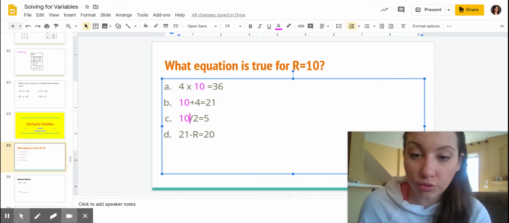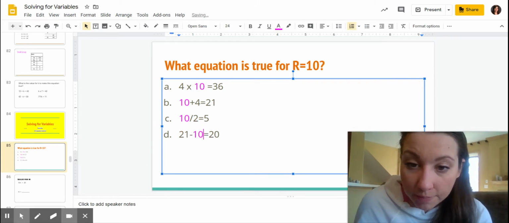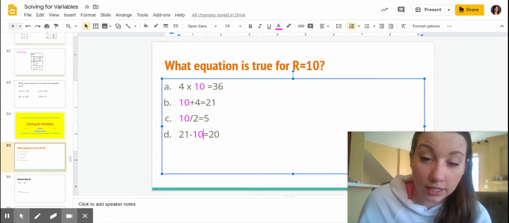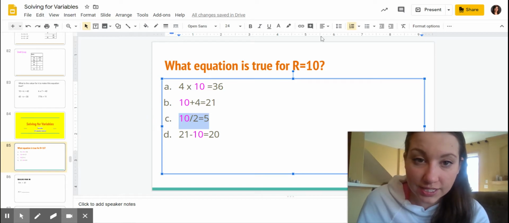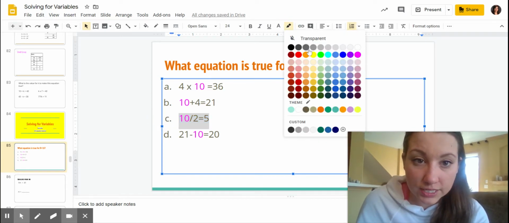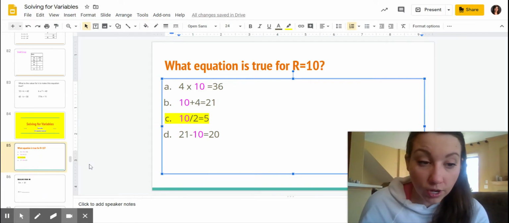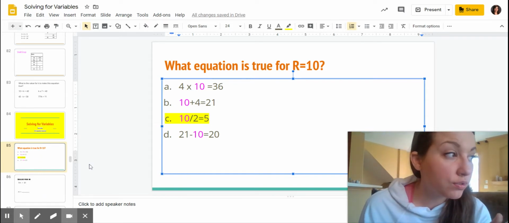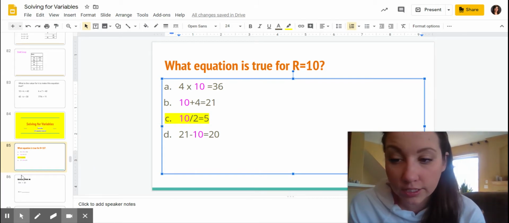Just for fun, go through the last one to make sure you didn't miss anything. 21 minus 10 is 11, not 20. The one that makes the most sense is answer number C. Whenever you get a problem like that, make sure you substitute the variable and the amount into the equation. It's a good way to test.